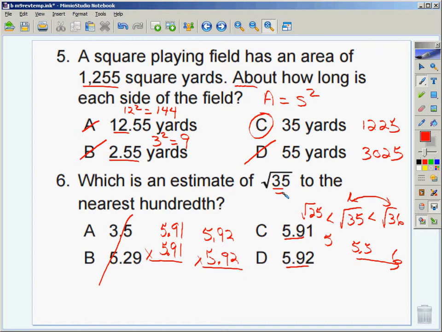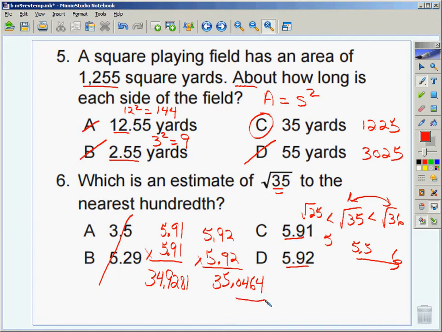Well, 5.91 squared is 34.9281. 5.92 squared is 35.0464.